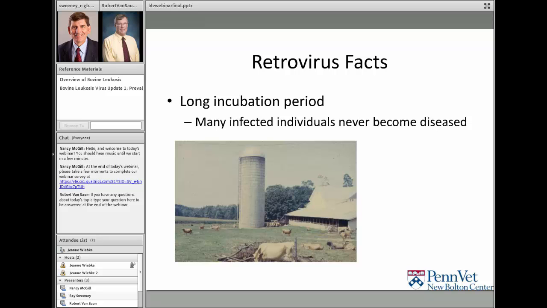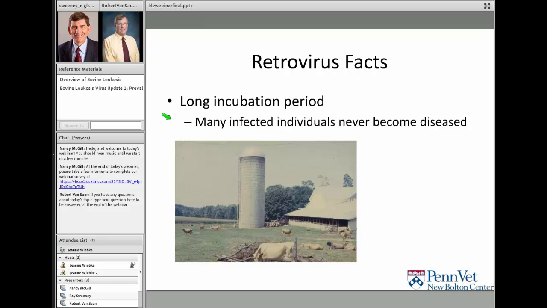And more importantly, in the case of BLV, and I can't emphasize this enough, and you'll hear me say this over and over again this afternoon, many, and I would say most, infected cows never become diseased. With the BLV virus, only about 2 to 3% of infected cows ever get sick with cancer.